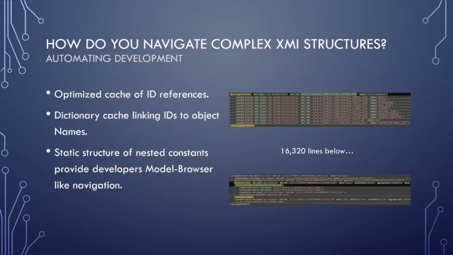Those things could all be defined 16,500 lines below where you initially see it in this XML file. So this presented our first challenge, which was how do we navigate this very complex XML file?